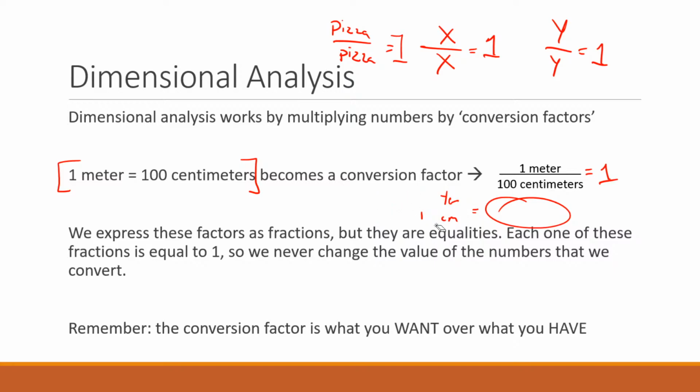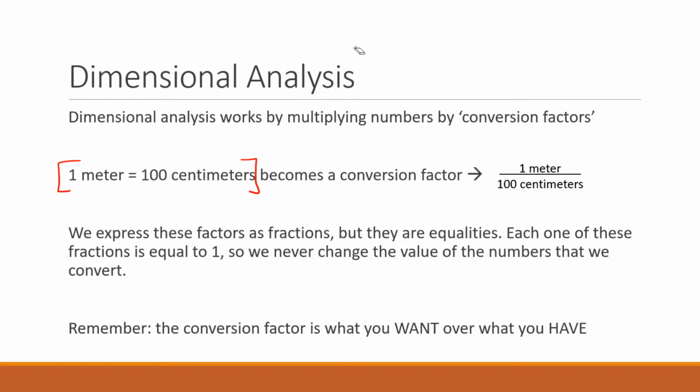When you convert something from one unit to another, you don't want to make it bigger or smaller, you just want to change the units, like centimeters to meters, etc. One of our important phrases when we decide which way to set up our conversion factors is: what you want over what you have. That'll make a little more sense when we do an example in a second.